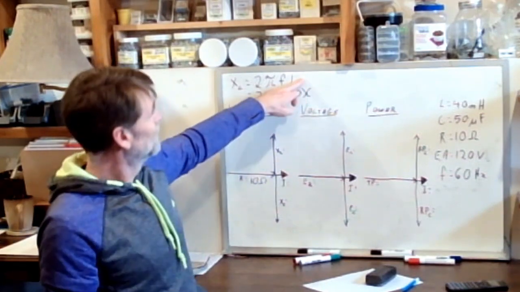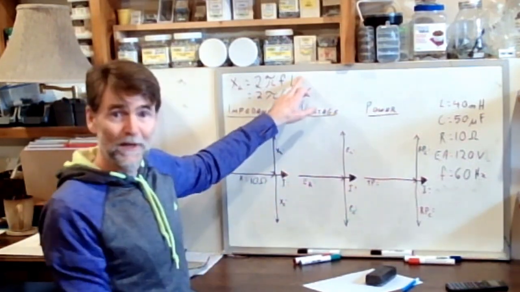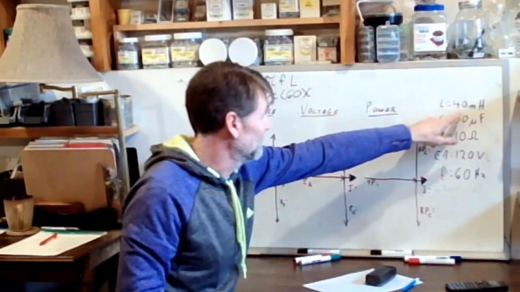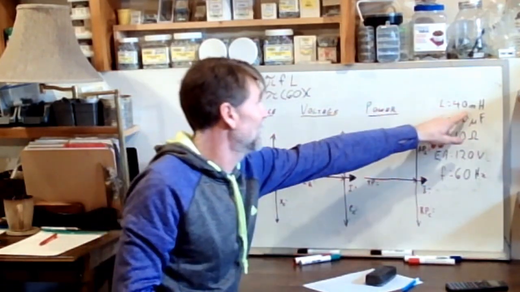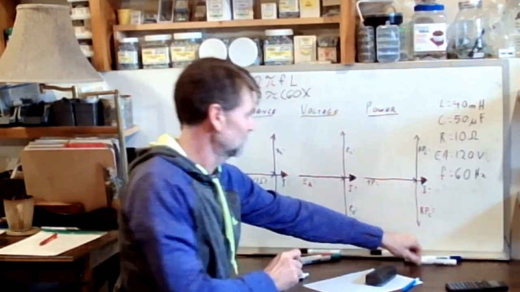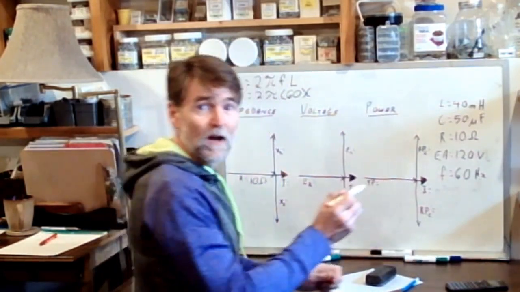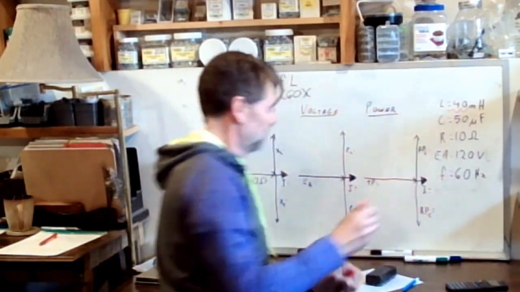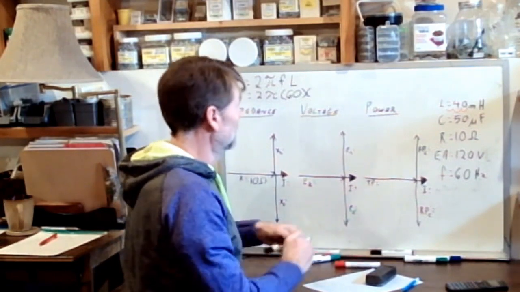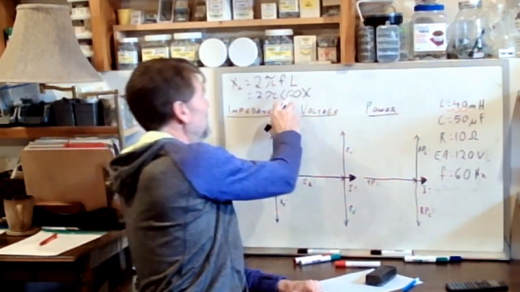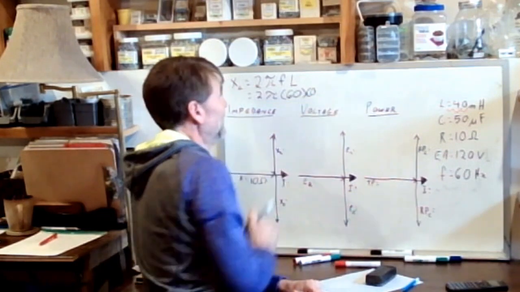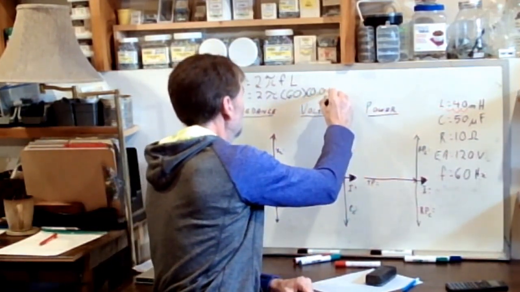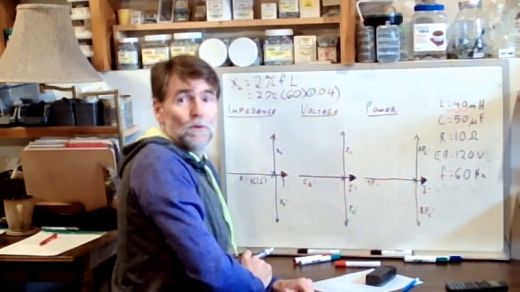Multiplied by L. So L must be expressed in henries. We've been told the size of L in millihenries. So to translate from millihenries to henries, I must move the decimal place 3 times to the left. 1, 2, 3. So our actual number that has to go in the equation is 0.040.